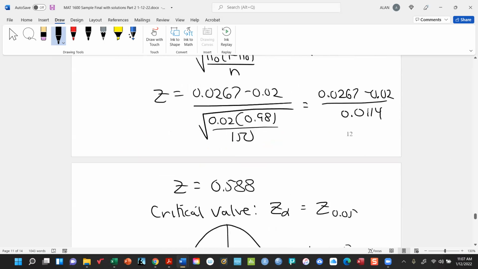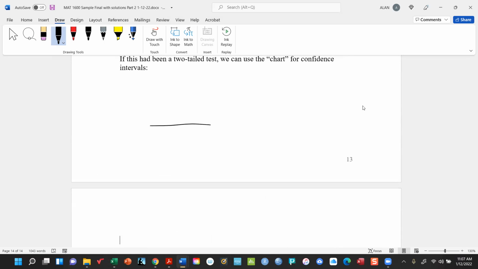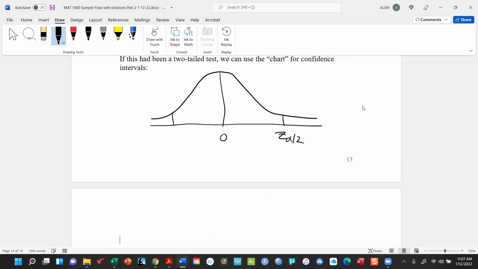So therefore, just like with a confidence interval, the 5% is split up between the two tails. And therefore we have plus or minus 1.96, because this is equivalent to setting up a confidence interval for 95%.